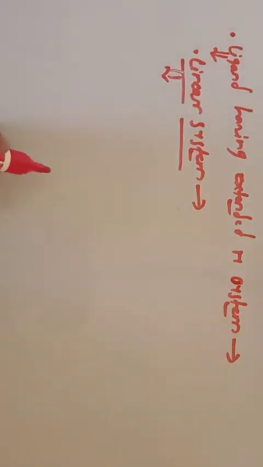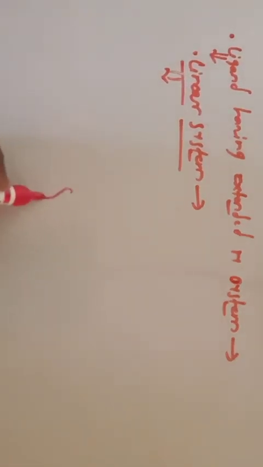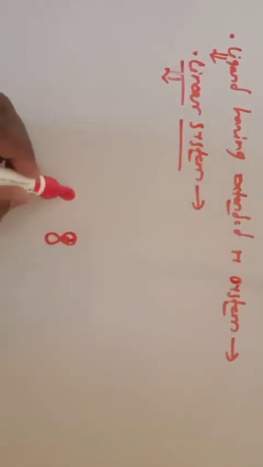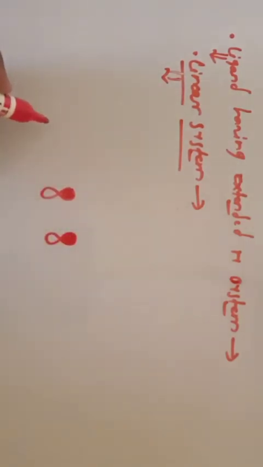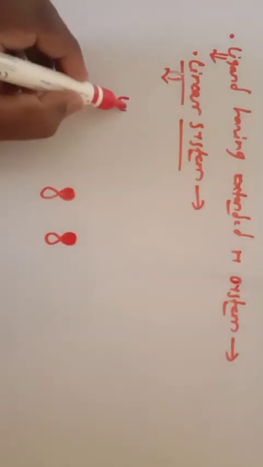So if you consider this ethylene molecule, this is your p orbital. If you consider these p orbitals, both orbitals are in the same phase, and this molecular orbital is considered as psi 1, that is the wave function, and the second is psi 2.